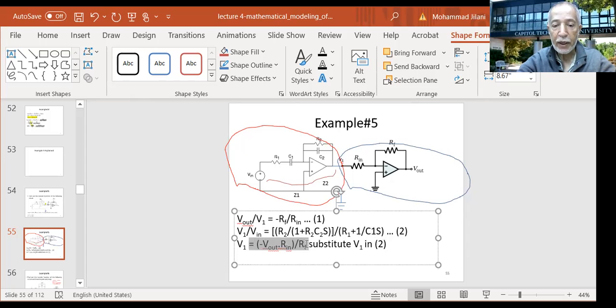All divided by, and let me make this square brackets.